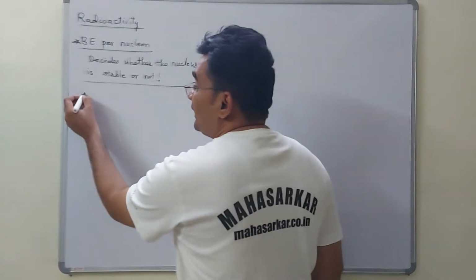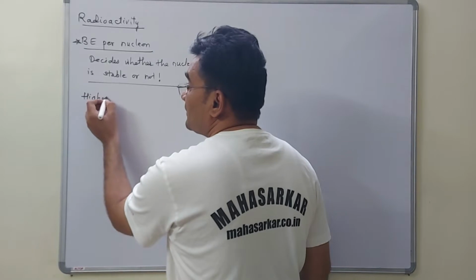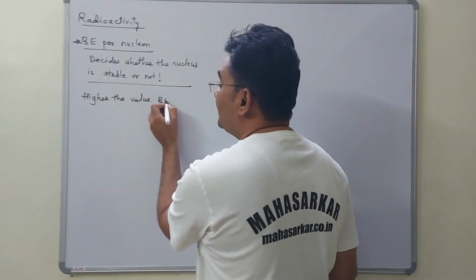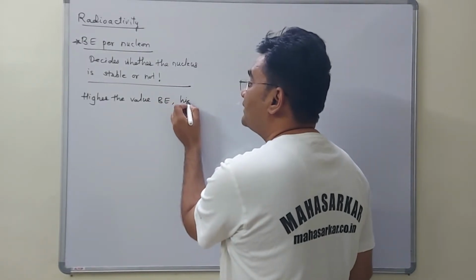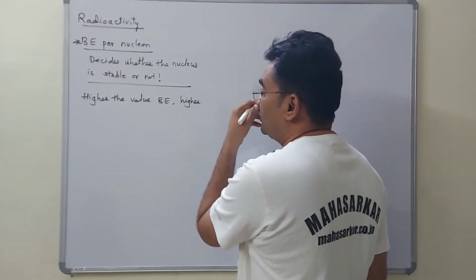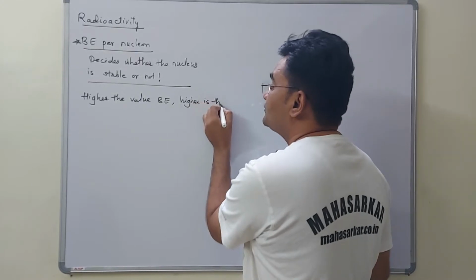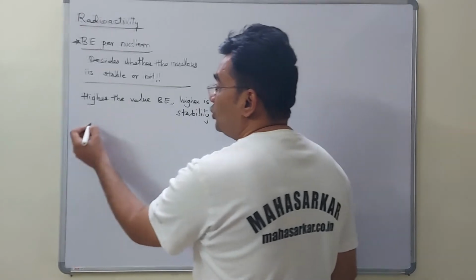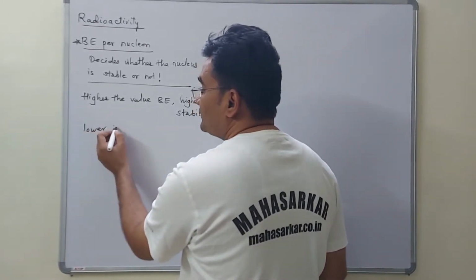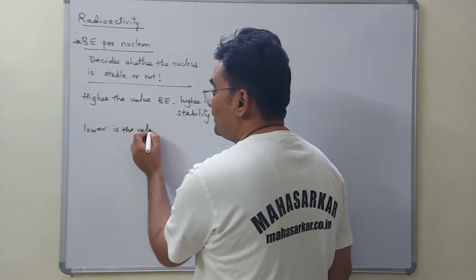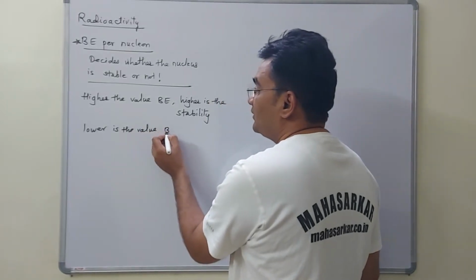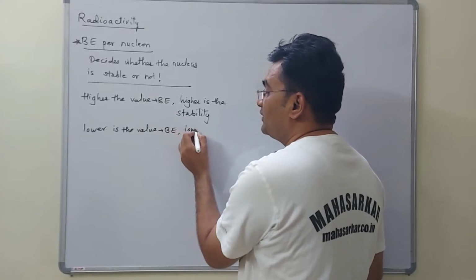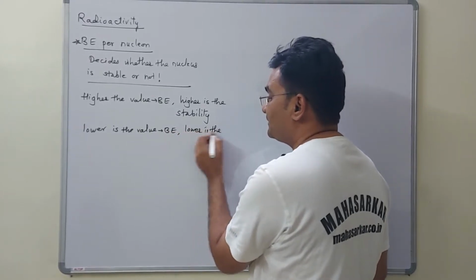Remember, higher the value of binding energy, higher is the stability of the nucleus, and vice versa. Lower the value of binding energy, lower is the stability.